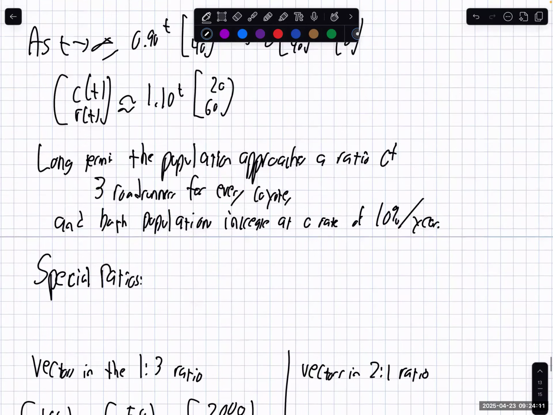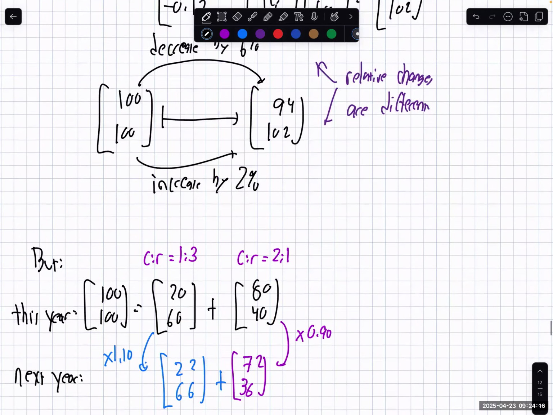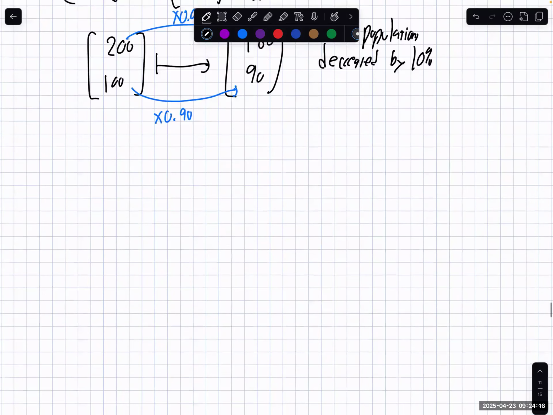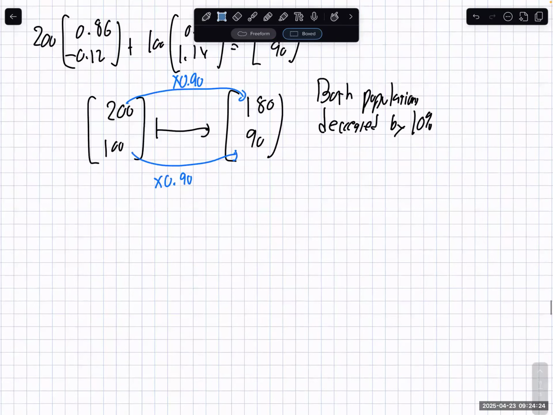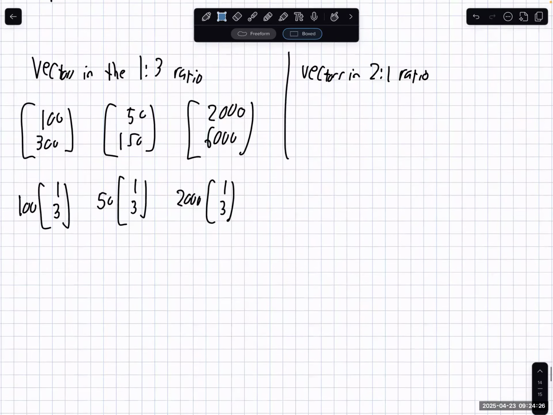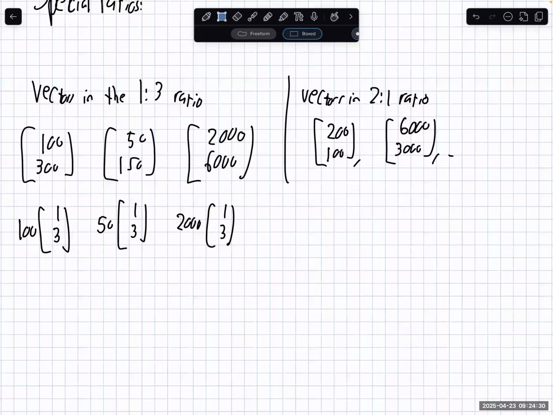And vectors in the 2-to-1 ratio, that's 100 times 2, 1, 3,000 times 2, 1.